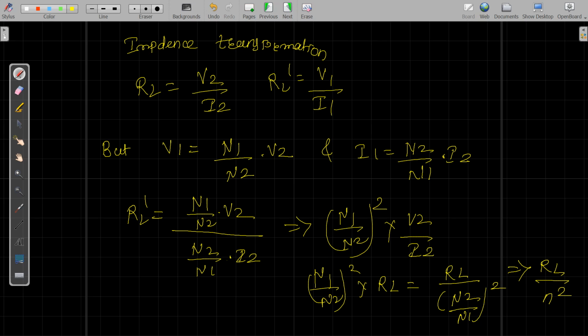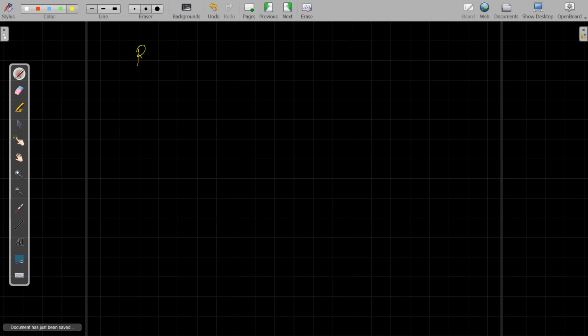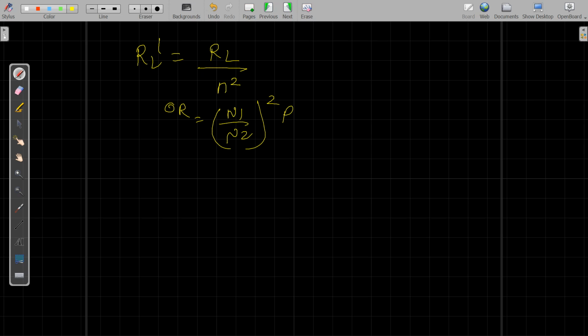So from that I can say that my RL dash equals RL by N square, or N1 by N2 whole square into RL.